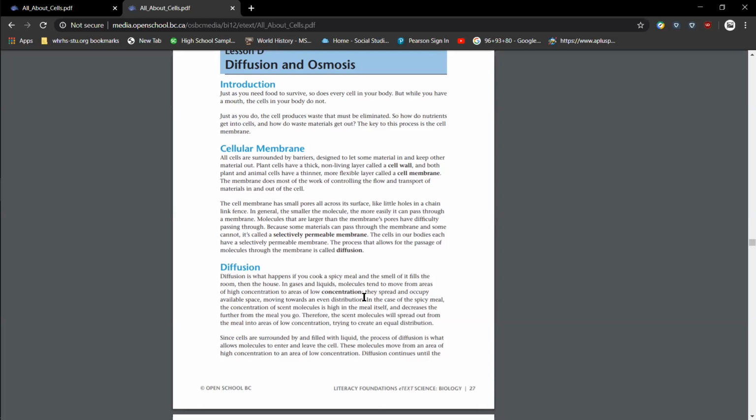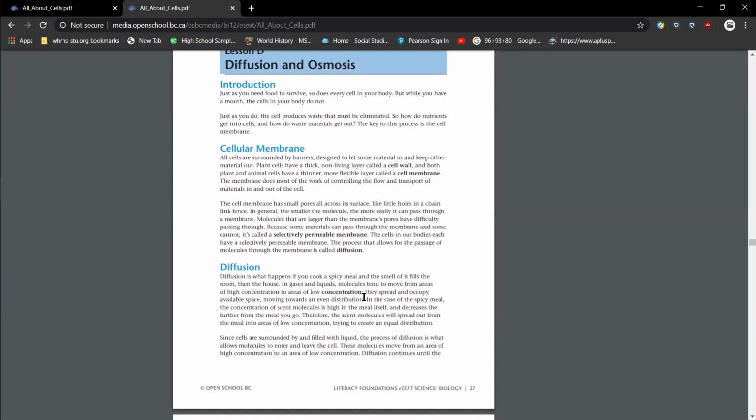So molecules, just in general, tend to move from areas of high concentration to low concentration. And this is the general principle of all of diffusion. And what this means is that, going with our pot example, molecules near the pot are going to be in a very high concentration, right? That's why when you're really close to the pot, you're going to smell a lot of that meal.